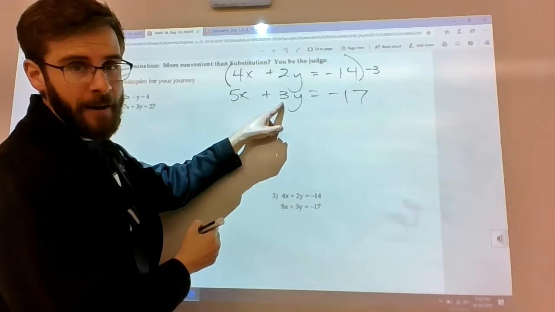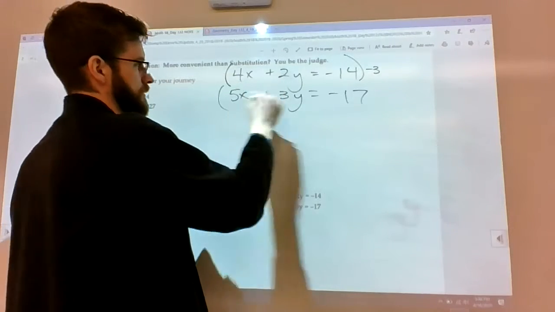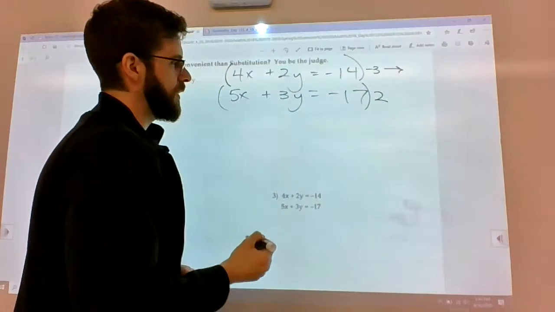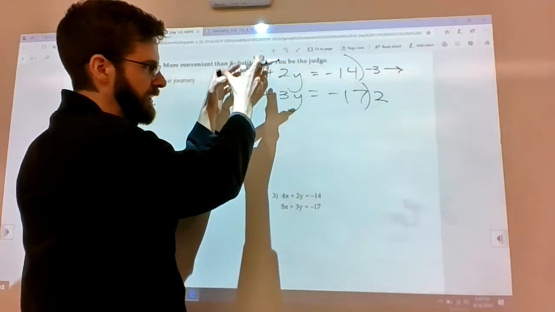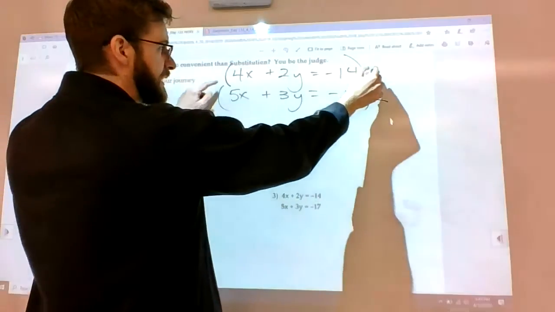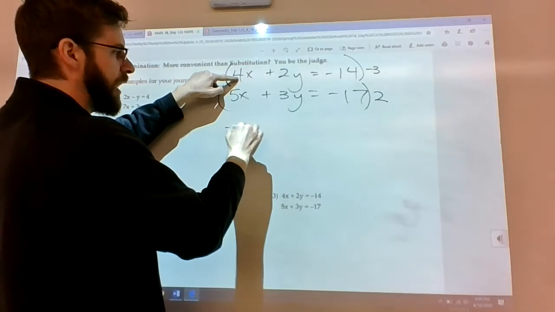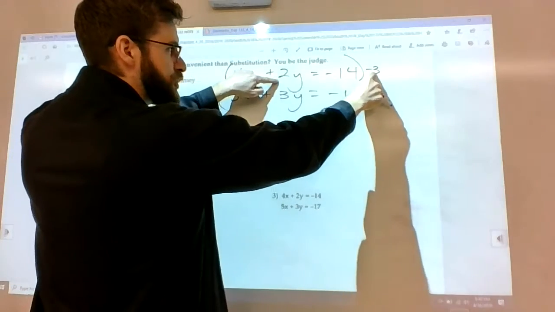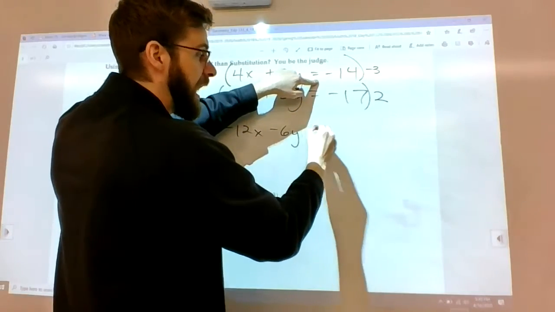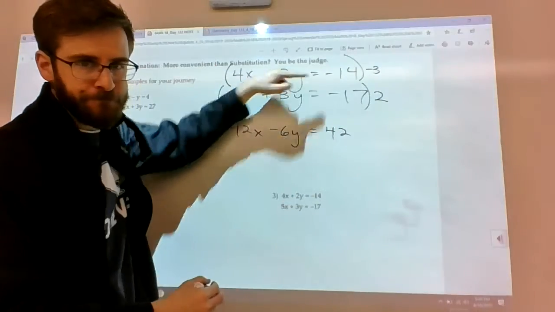And then the bottom by positive 2. So I'm actually going to write this below so that you guys can see it better. Negative 3 times 4x is negative 12x. Negative 3 times 2y is negative 6y. And negative 3 times negative 14 is positive 42.